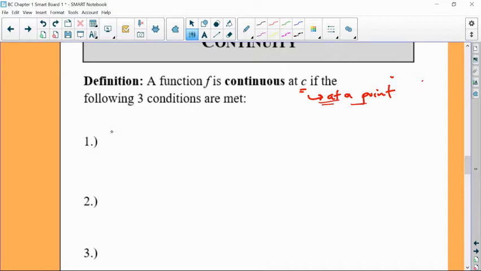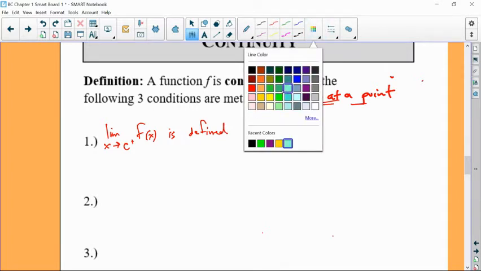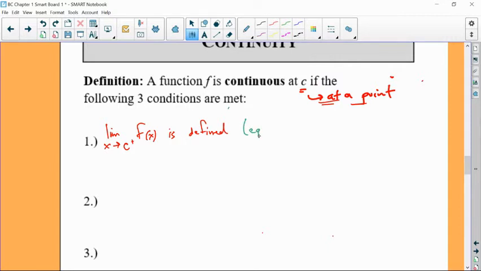So the first is the limit as x approaches c, this point in question, from the right of f of x is defined, and is equal to some constant value, call it k.